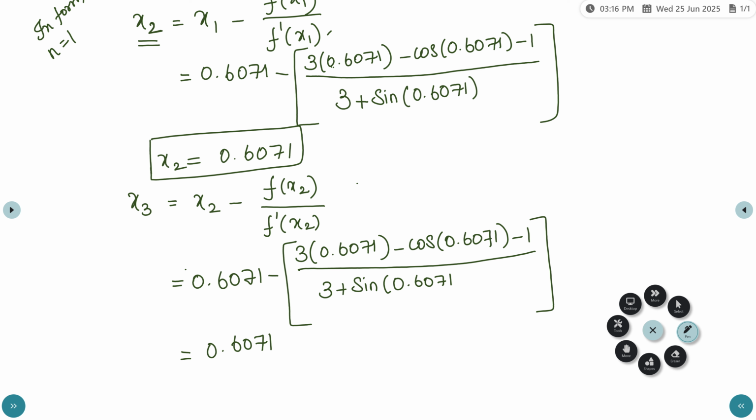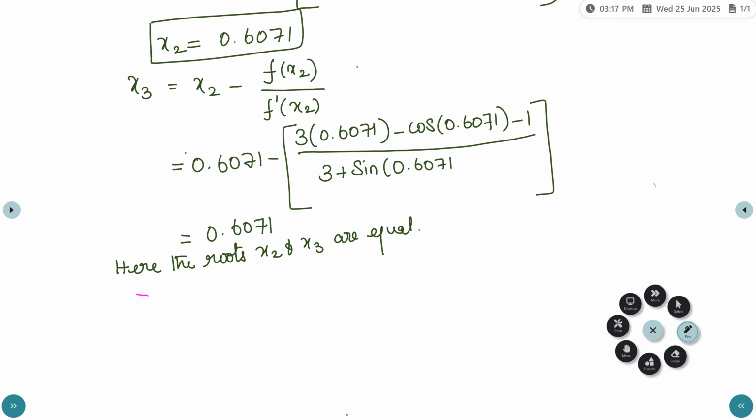So these two roots, x2 and x3, are equal. So we are going to stop the iteration.